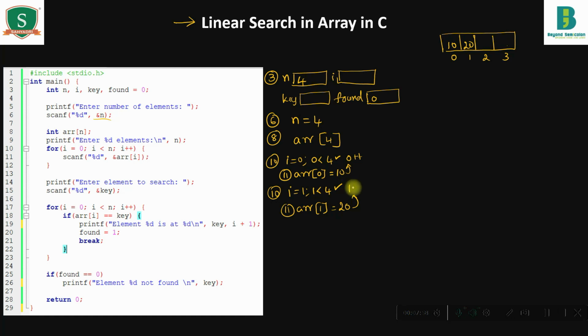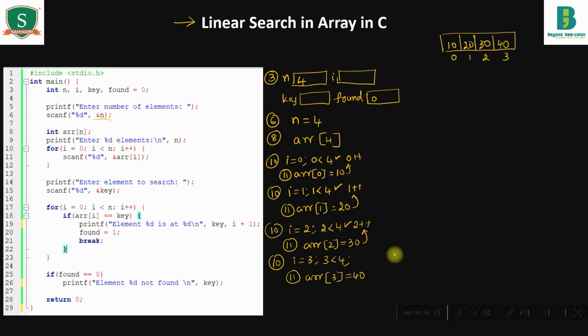It goes back and increments the i value. i is equal to 2, 2 less than 4, the condition is true. In the 11th statement, array of 2 is equal to 30, consider we are giving 30. Again we are running in the loop, i is equal to 3, 3 less than 4. In the 11th statement, array of 3 is equal to 40, consider we are giving the input 40. Then i plus plus, the i value is updated to 4, and 4 less than 4, here the condition fails. It does not go to the 11th statement, instead it exits the for loop.